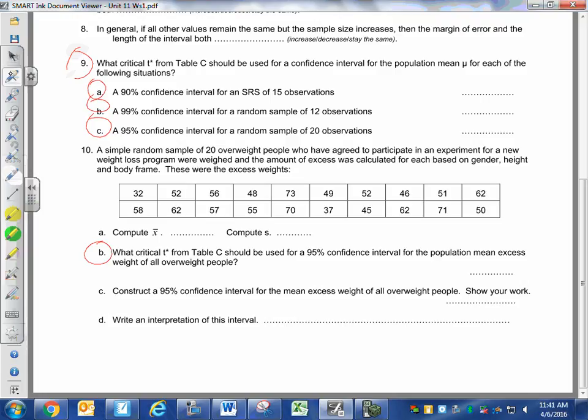Check your answers with a neighbor. You just use the positive. And it's good. 14 and 5. Good. The degrees of freedom, which is one less than your sample size.